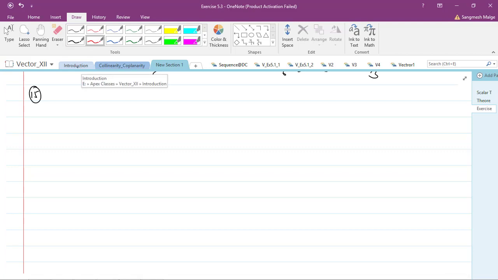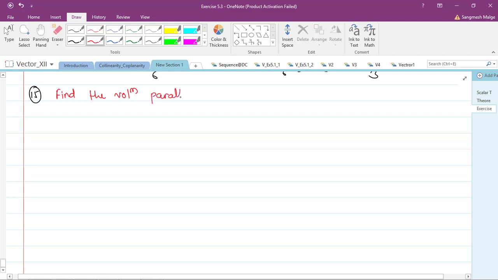Find the volume of parallelepiped whose coterminous edges are represented by these vectors. Also find the volume of tetrahedron. They have given the vectors directly.